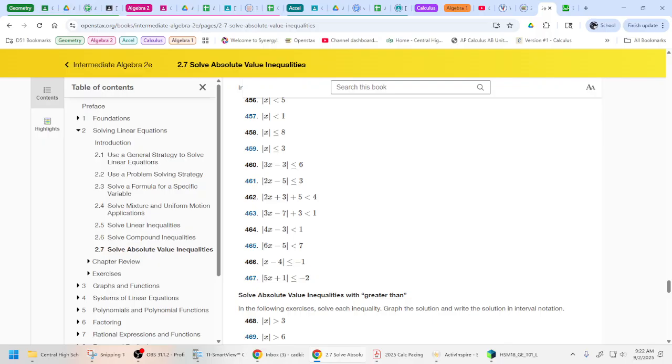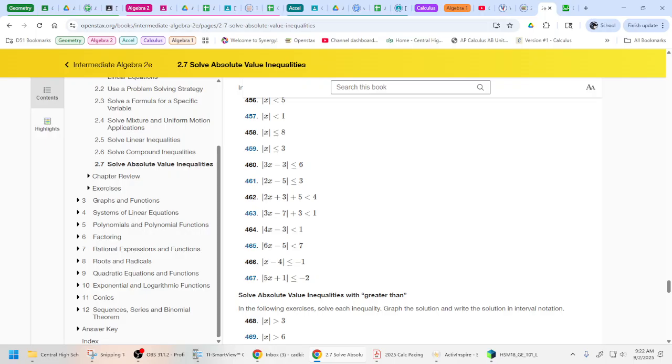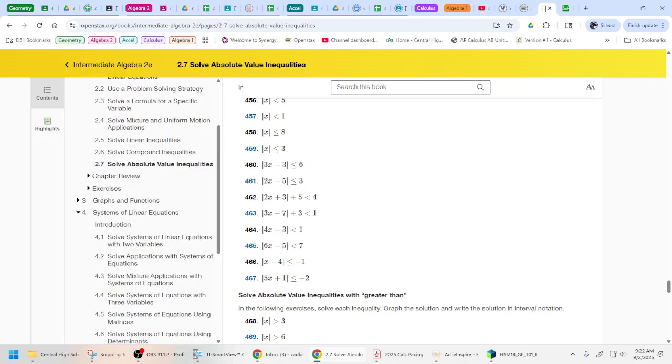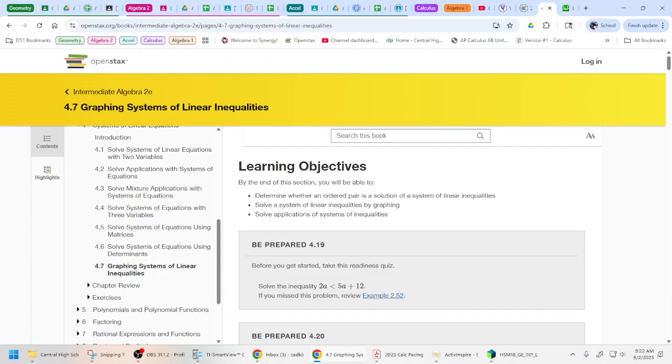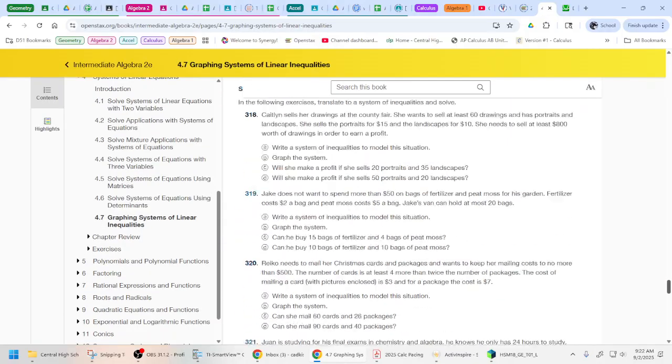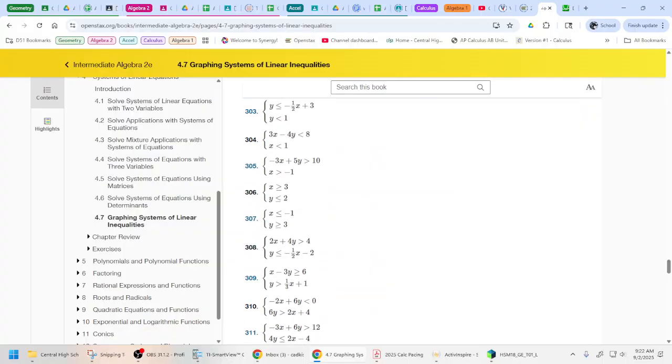Is that from section 4? I'm thinking it's from 4. Yeah. This one? Is it that one? Okay.